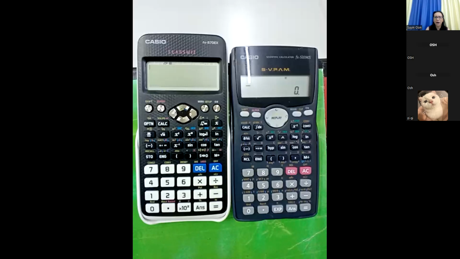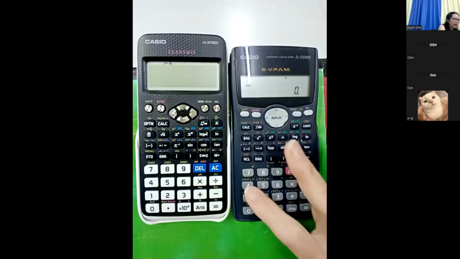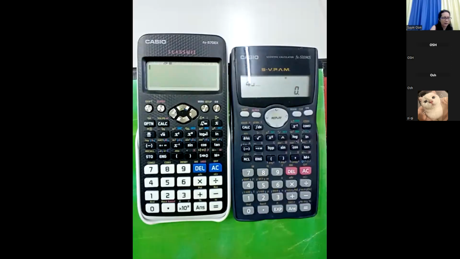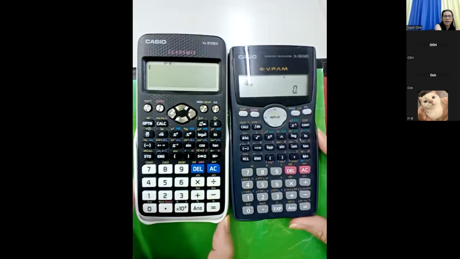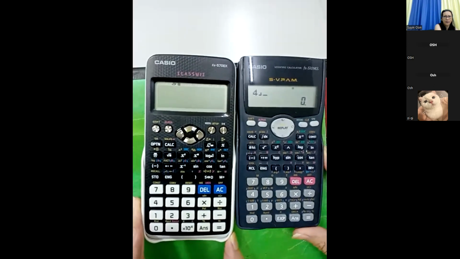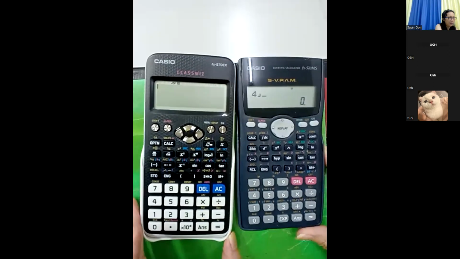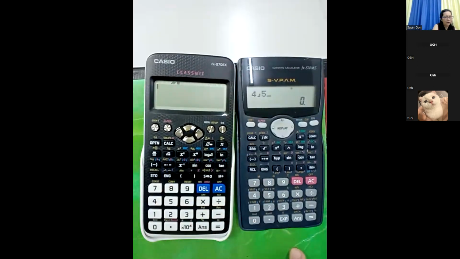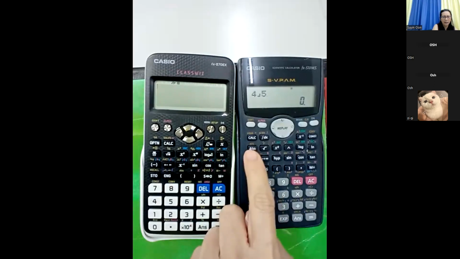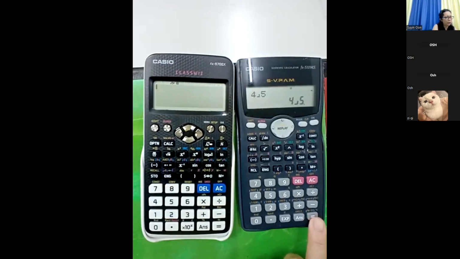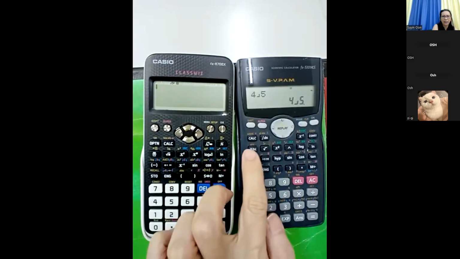Let's say I want to key in 4 per 5. See this button? 4 per 5, then equal. If you want to change it to decimal, you use this button again.